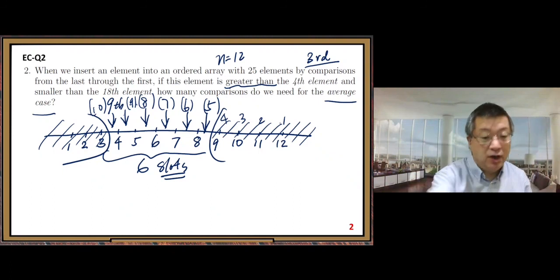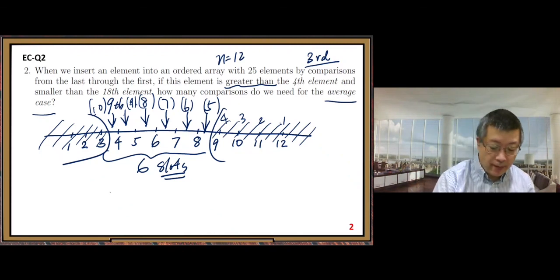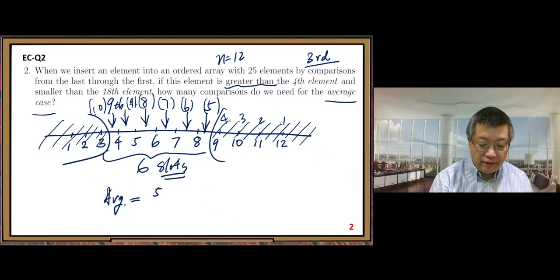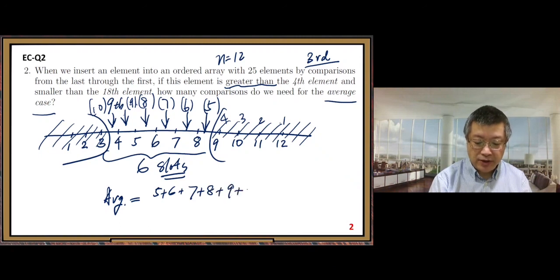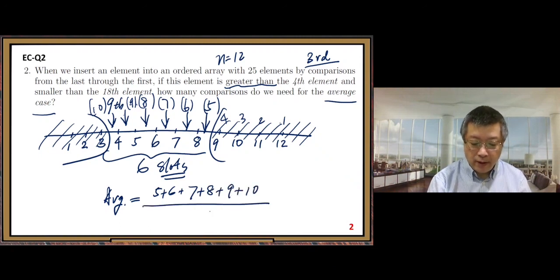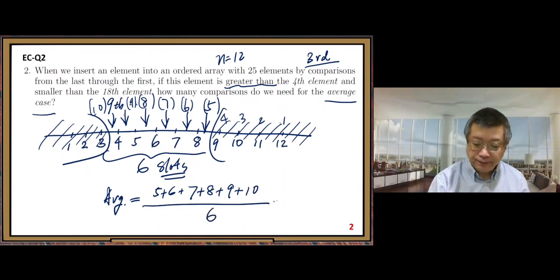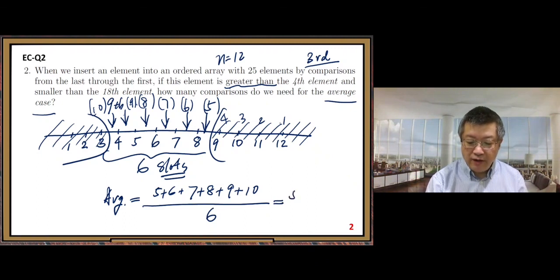So we just use the standard average definition. So the average equals 5 plus 6 plus 7 plus 8 plus 9 plus 10 divided by 6, right? The first one plus last one, 5 plus 10 divided by 2.